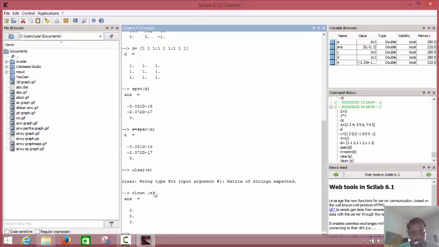It looks like this. The very small values come out as 0. So 0, 0, 3 are the eigenvalues.